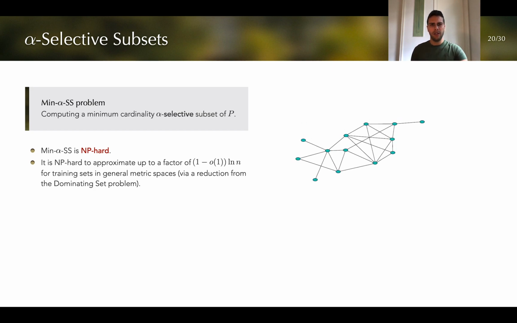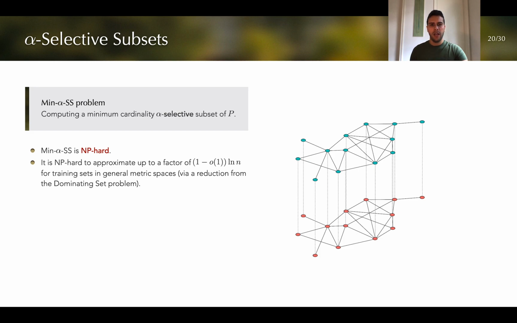So if we have an initial graph that is the input for the dominating set problem, we make a copy of the graph and color the initial nodes as blue and the copy nodes as red. We connect each original node with its corresponding copy, and we carefully assign the weights to those edges.